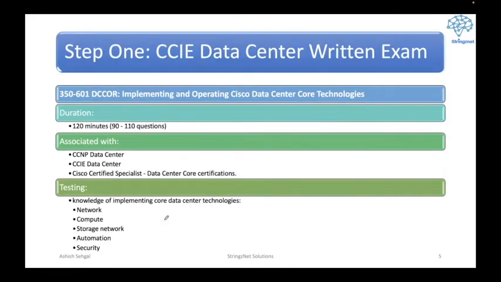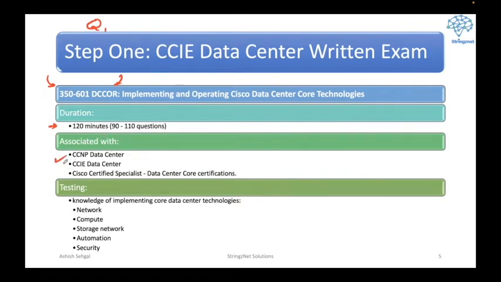Hope you know that there is a qualifying exam called CCIE written, and the current code for which is 350-601. This is also called the DC core exam, which provides you one CCNP certification as well. It is a 120 minutes duration exam, and 90 to 110 questions are expected.